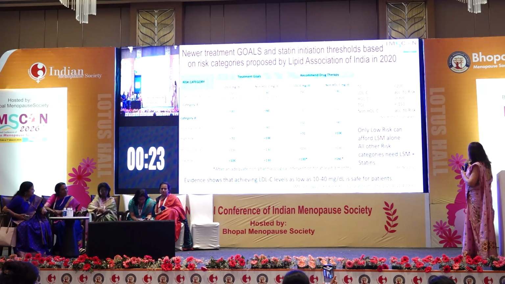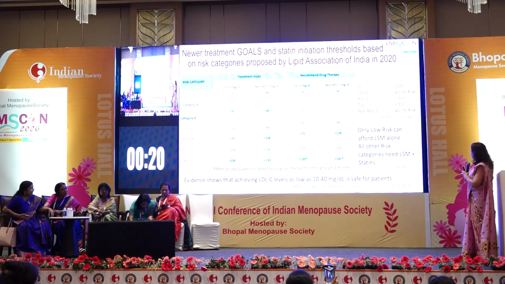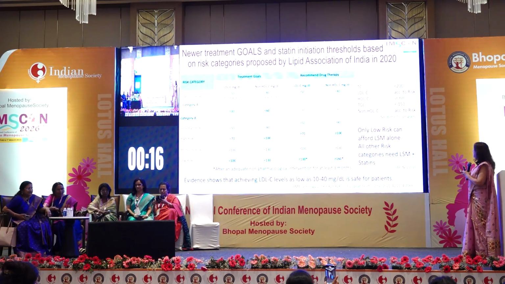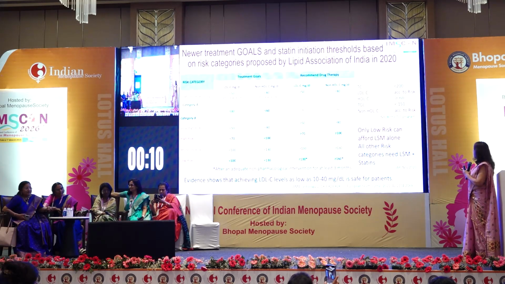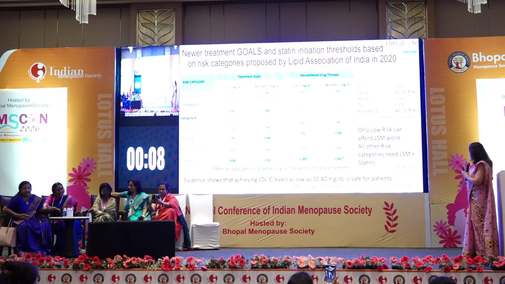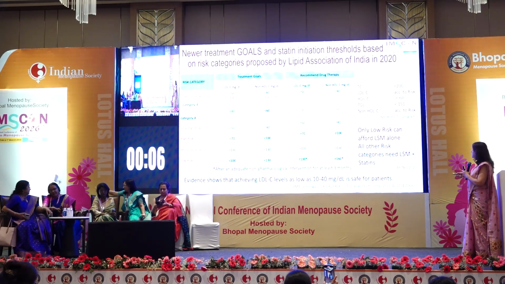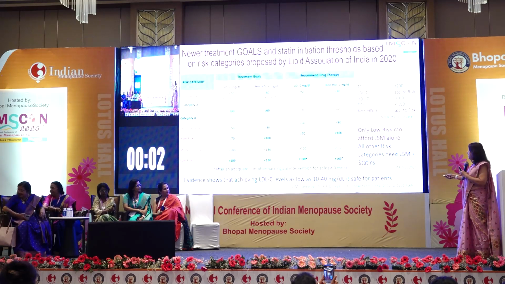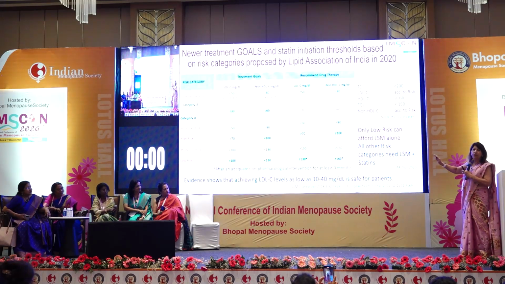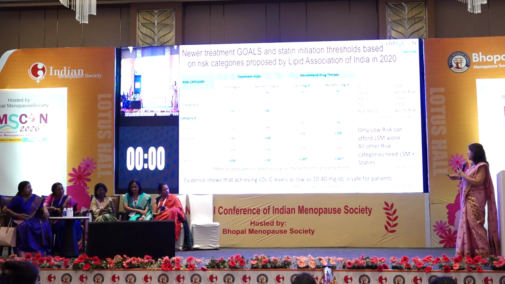About LDL and non-HDL-C, you follow this table. Drug therapy is recommended if your LDL is like this in these various risk categories, or your non-HDL is like this, and when you treat them, these are the targets. It's a beautiful way to identify how to do it.